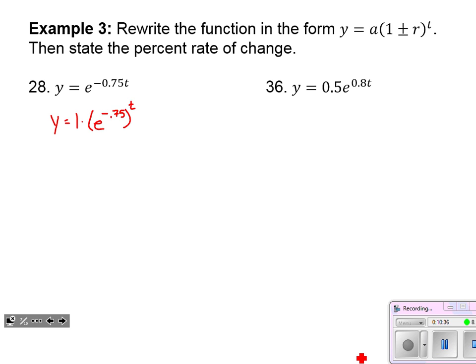So I'm going to show that as a power to a power. That's what we definitely used last section and in chapter 5 as well, property of exponents. And let's use our calculator to figure out what that quantity is. What is e to the negative 0.75?